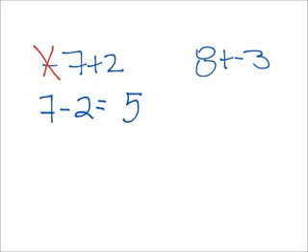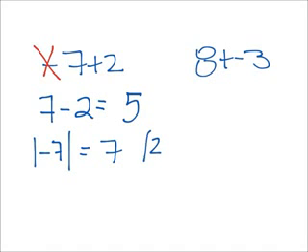Now here's where it gets a little bit tricky. The rule told us to keep the sign of the largest absolute value. So if you remember, absolute value is basically the distance from 0. So we're changing any negative number into positive. So the absolute value of -7 is 7 because it's 7 spaces away from 0.